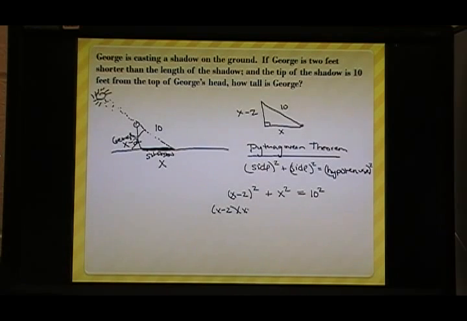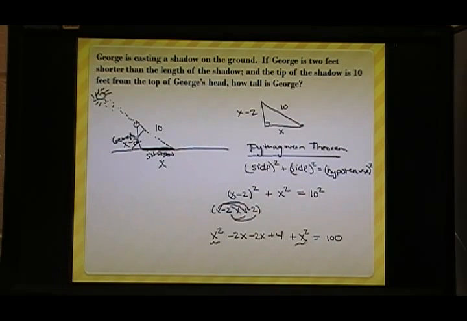You cannot just square the terms. So a binomial times a binomial: x times x is x squared, x times negative 2 is negative 2x, negative 2 times x is negative 2x, and negative 2 times negative 2 is plus 4, and then our plus x squared, and 10 squared is 100.